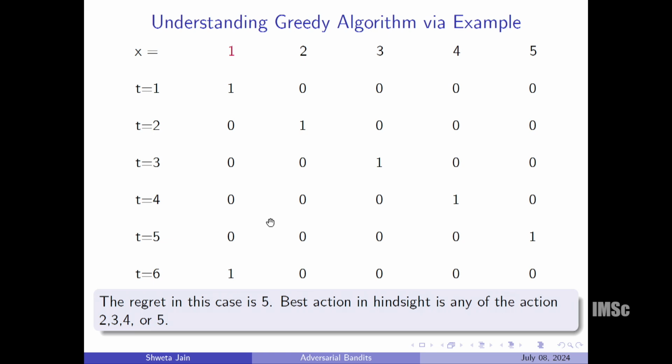What will the output be? The output will be a profile, a probability distribution. Yes, the output will be the probability distribution, and in the real world, if you are implementing it, you will take the arm by sampling from that distribution.